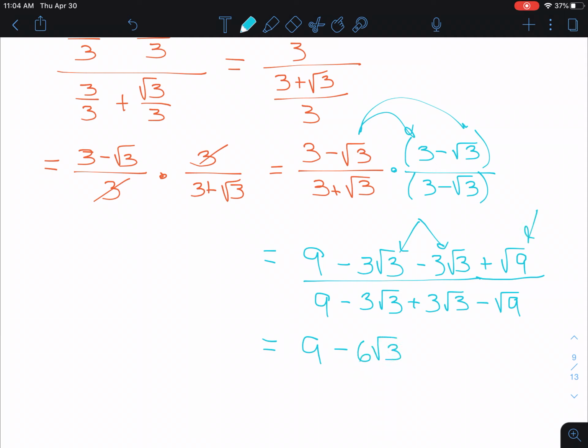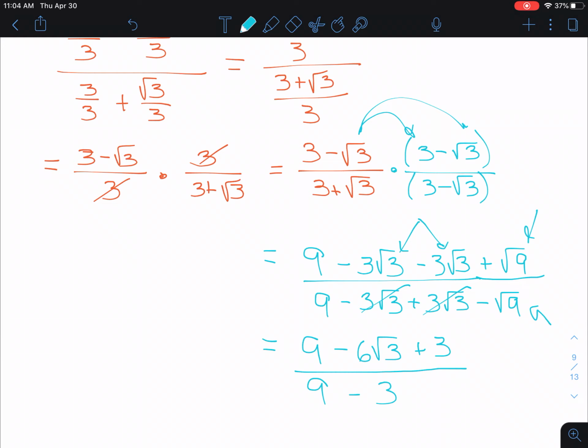This right here is just 3. Okay, now the bottom. On the bottom, I've got 9. Negative 3 root 3 plus 3 root 3 cancels out. And this right here again is just 3.